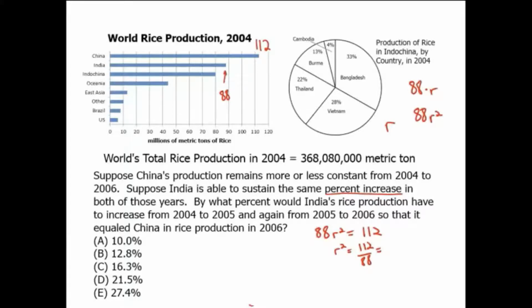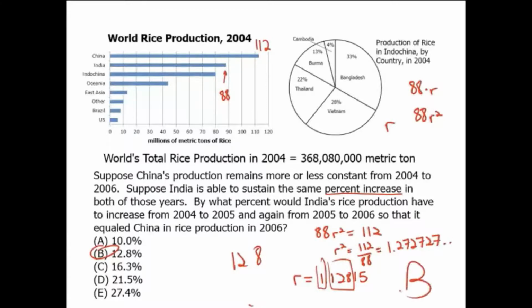On the calculator, we figure out that's something like 1.272727, etc. Now we take a square root to solve for R. We get something like 1.12815. And of course, this is a multiplier, which means it's 1 plus the percentage. So this is the 1, and then these decimals here represent the percentage, 12.8. And that is, in fact, the answer choice B.